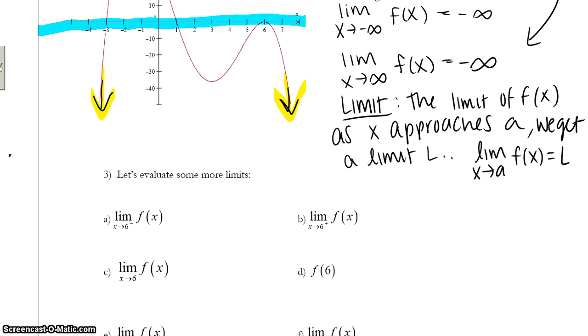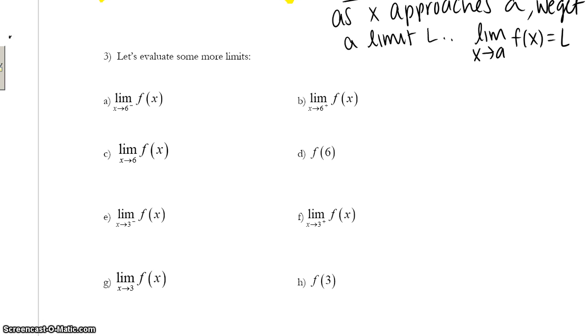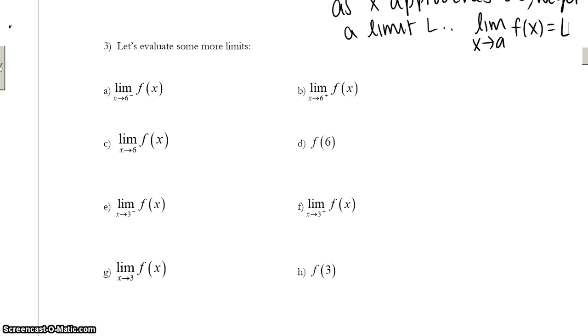Now let's take a look at number 3. Let's evaluate some more limits. So if you notice, there's something right here that looks like an exponent on the 6, but it's a negative and a positive sign. What does that mean?